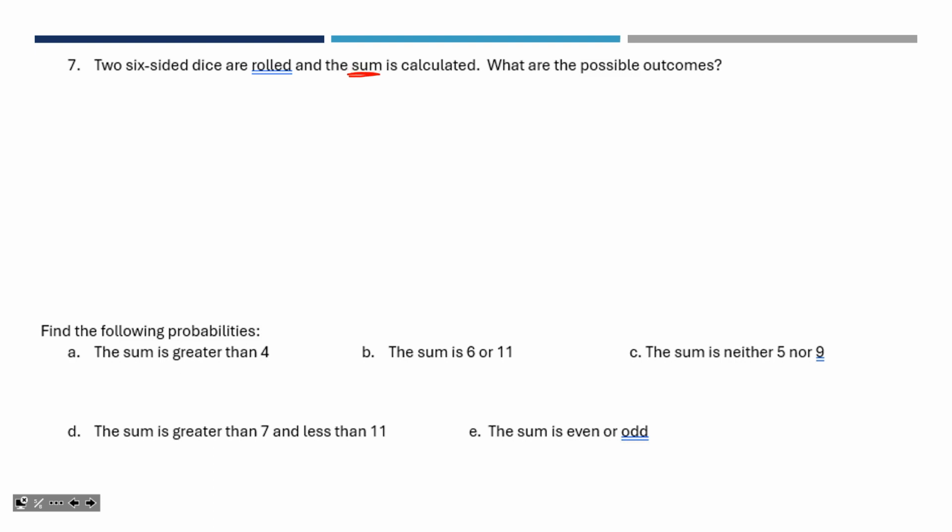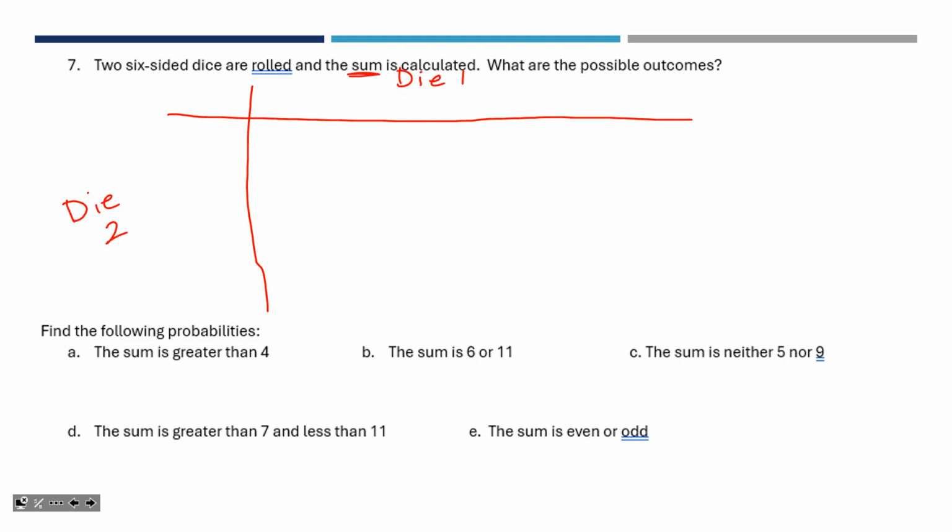So I'm going to make a little table here. And whenever you see a problem like this, you should make a similar table. And I'm going to think about, well, what could happen on the first die and what could happen on the second die? On the first die, I could roll a 1, a 2, a 3, a 4, a 5, or a 6.